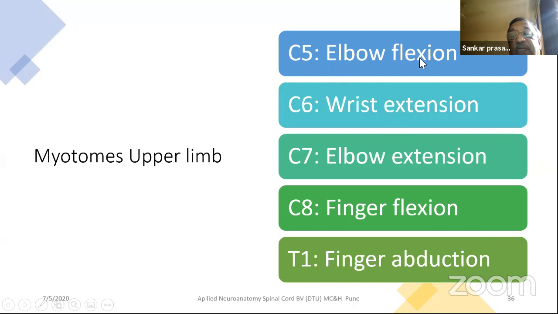So the integrity of C5, C6, C7, C8 and T1 can be tested by elbow flexion, wrist extension, elbow extension, finger flexion and finger abduction. That will give you an idea whether there is any problem in the myotomes. These are the indicator functions.